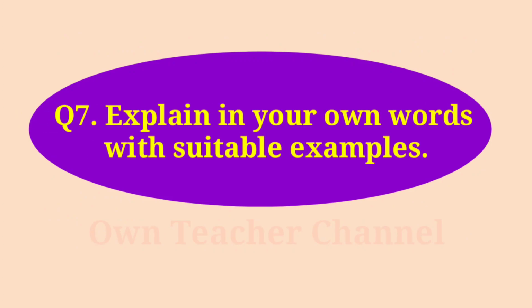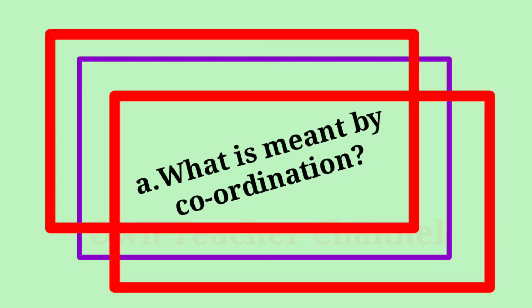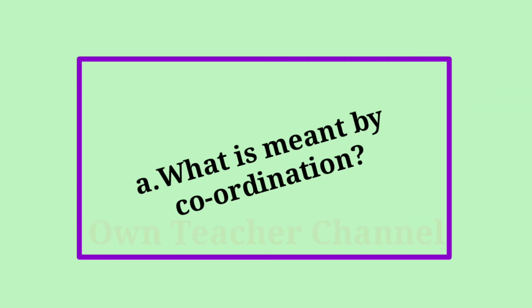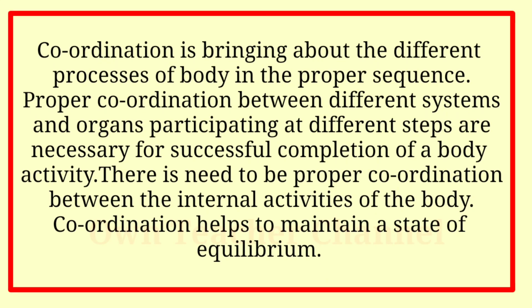Question 7. Explain in your own words with suitable examples. A. What is meant by coordination? Coordination is bringing about the different processes of the body in the proper sequence.